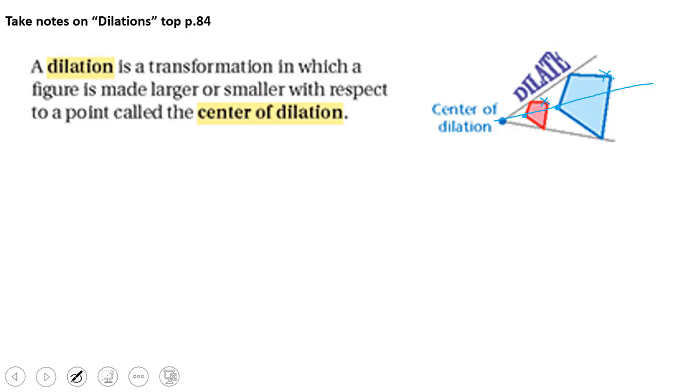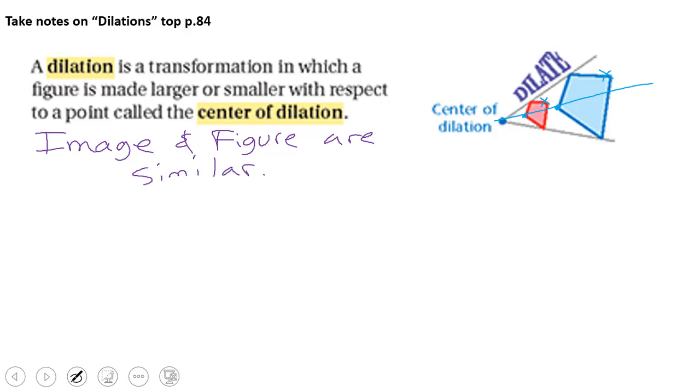Ladies and gentlemen, there is something that is not talked about until the bottom of this page that you will most likely put down in the second video notes. But I want to mention it here because I think it's important. And that is that the image and the figure are similar.